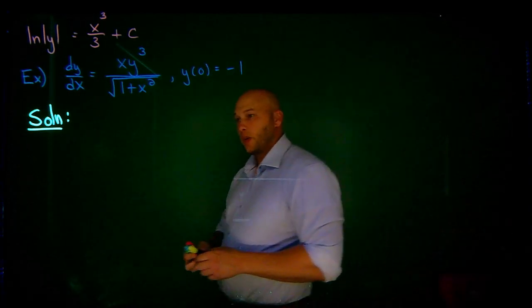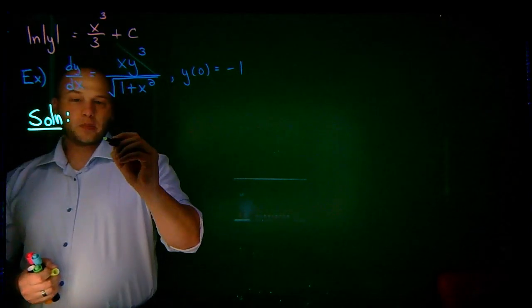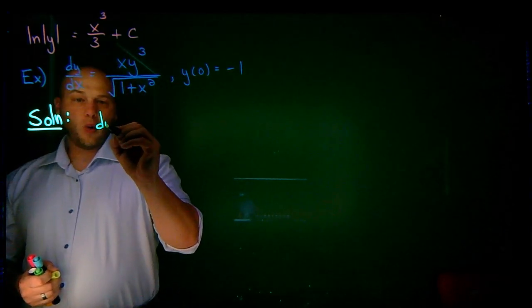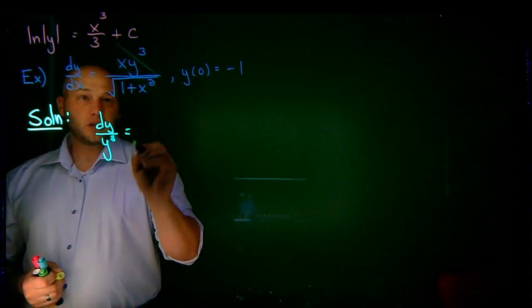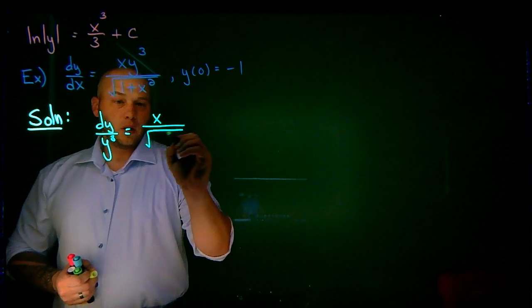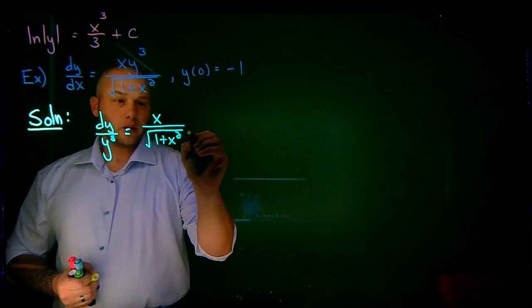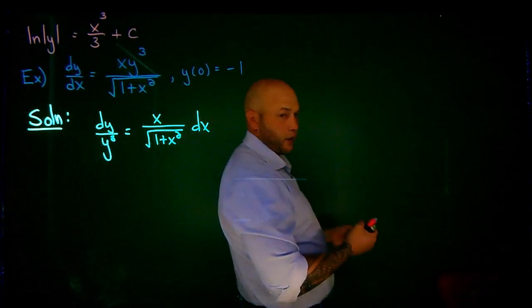So then we will separate the variables by writing all the y terms on one side. That gives me dy over y cubed is equal to x over the square root of 1 plus x squared dx. Again, we separated the variables.